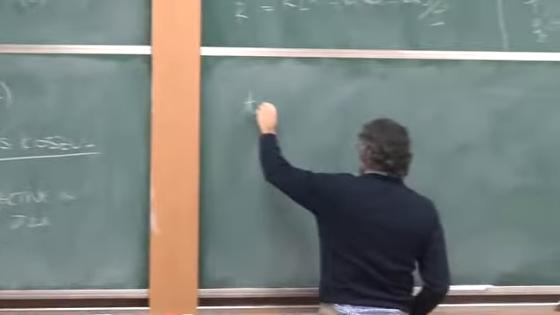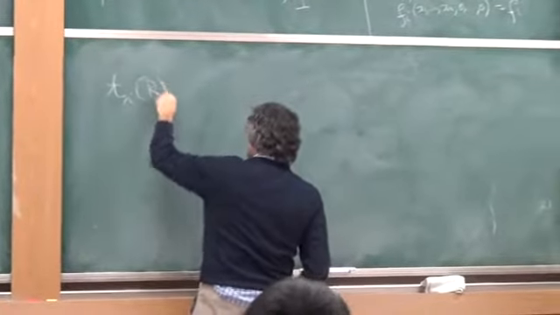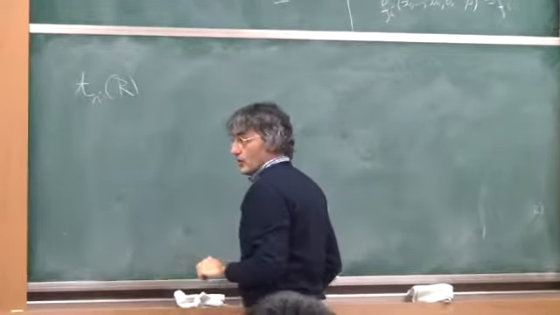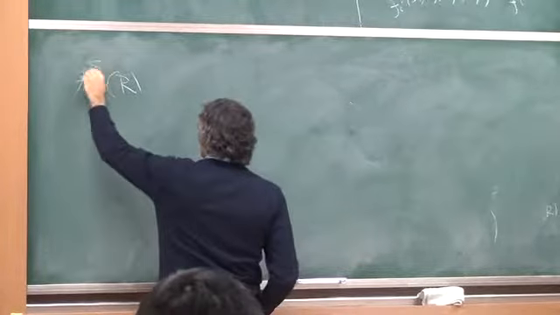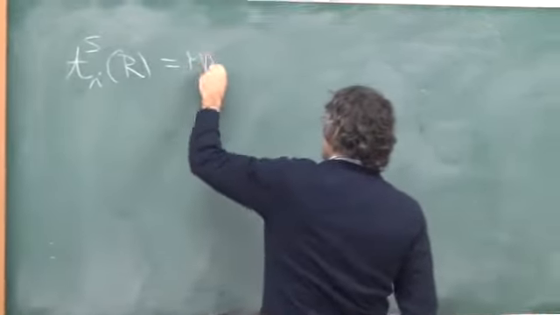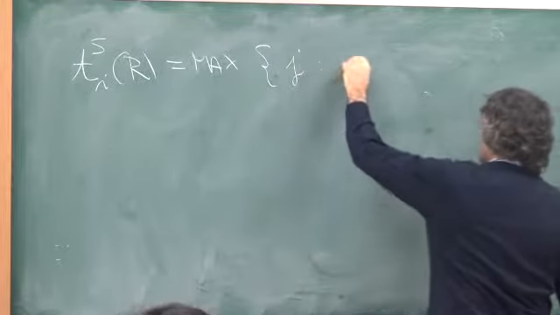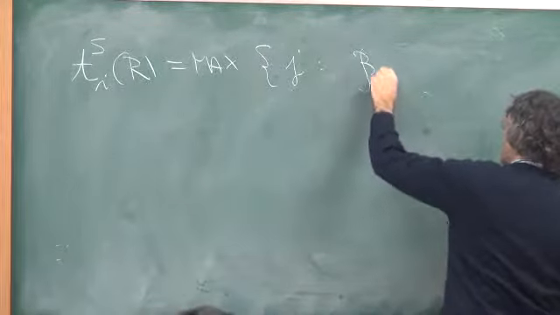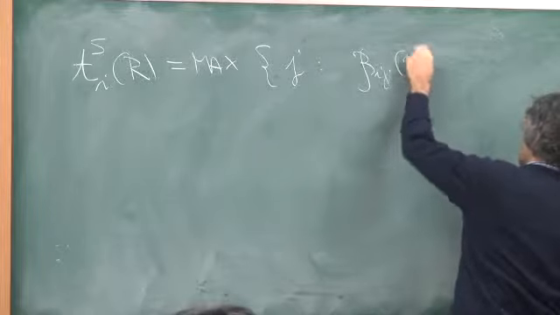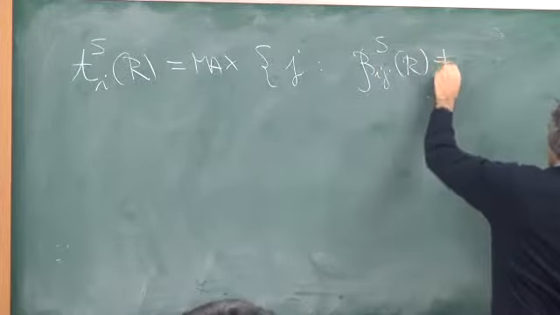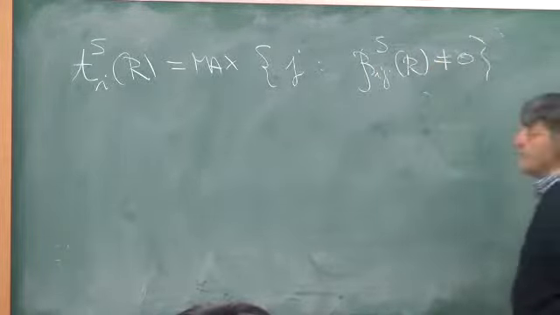These are usually called t_i, because t refers to the Tor. t_i is the maximum of the j such that beta_{i,j}^R(S) is non-zero.